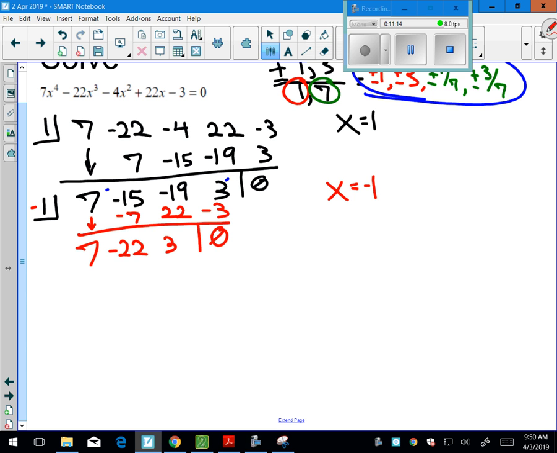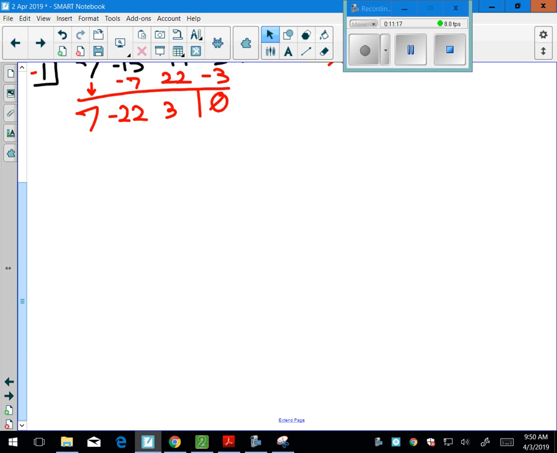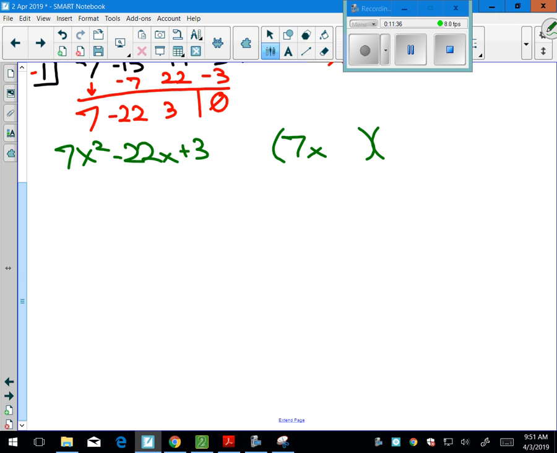And now I have, as leftover, 7x squared minus 22x plus 3. And so I am going to stop the synthetic division and go back into just basic factoring of a quadratic. You could use the quadratic formula to get to the roots at this point.